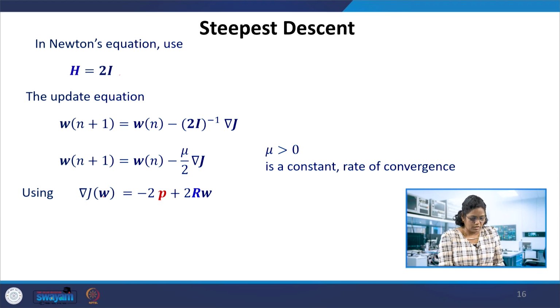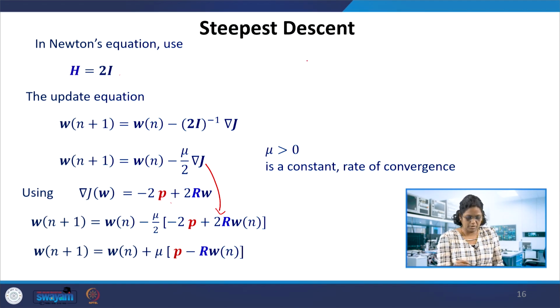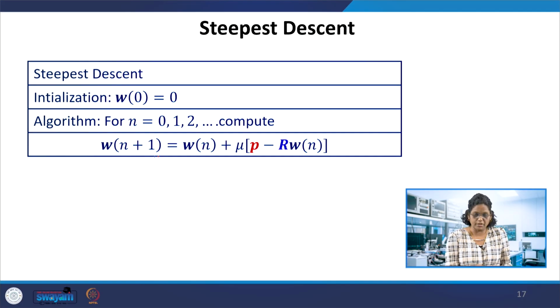So del J from the Wiener is minus 2p plus 2RW, and if we substitute it here, we have minus mu times p minus RW of n. So this is the equation of the steepest descent. We further reduce this to get the update equation.